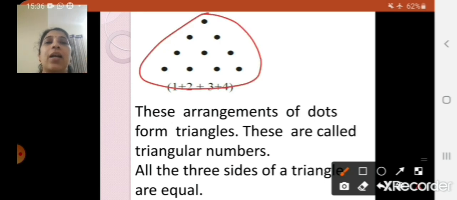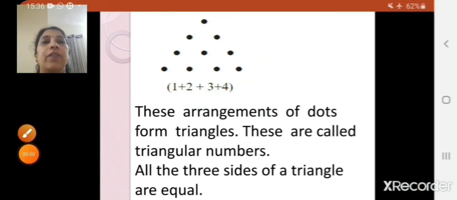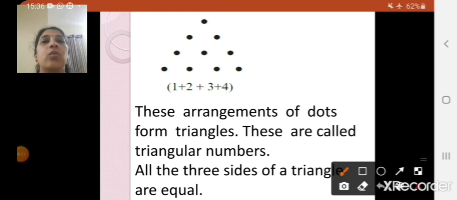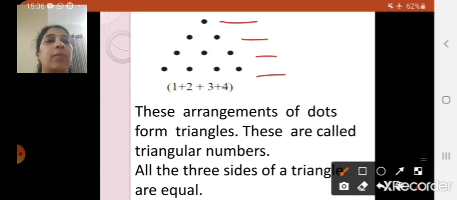So that's why they are called triangular numbers. Since it forms a triangle, all the 3 sides of the triangle are equal. So if you see, children, the number of dots goes on increasing. First one is 1, then 2, then 3 and then 4. So like this it goes on increasing for the triangular numbers.